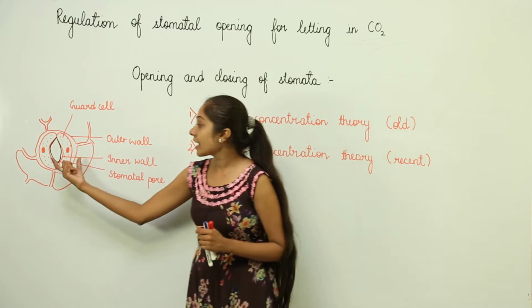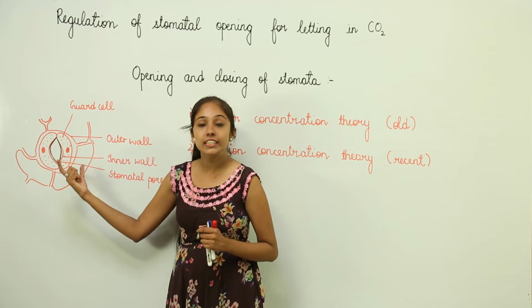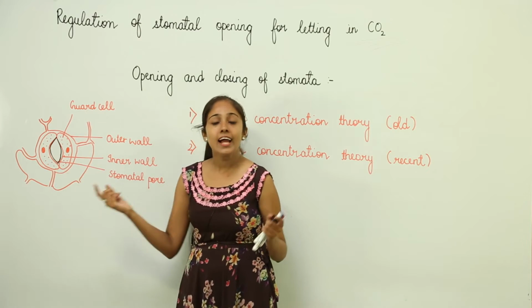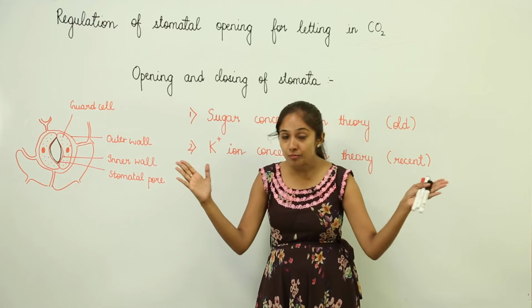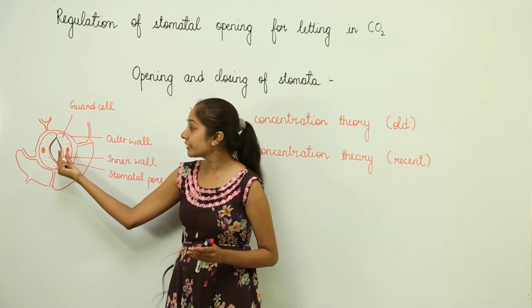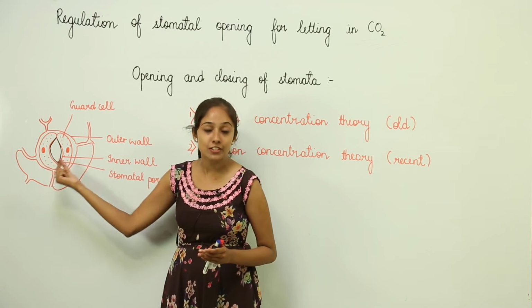When the guard cells swell up, this is going to lead to the opening of the pore. And when there is water loss from the guard cells, means water is going to move out, they are going to shrink, and this will lead to the closing of the stomatal pore.